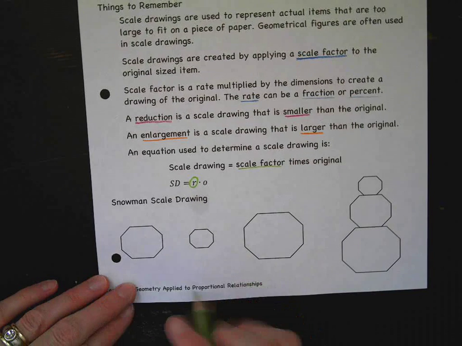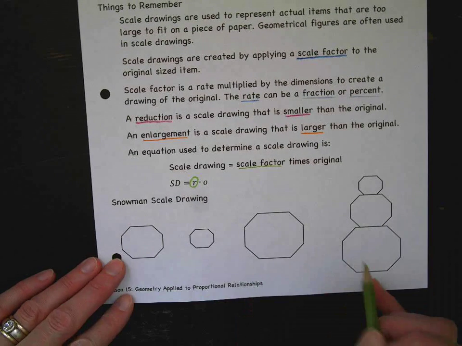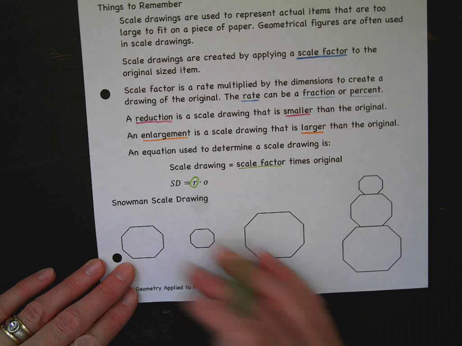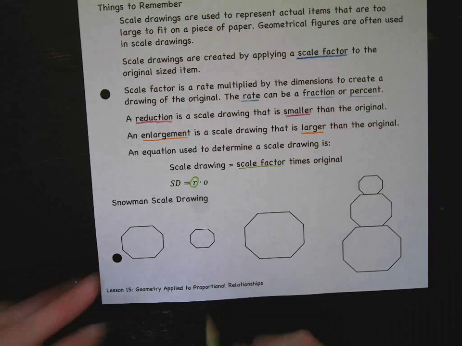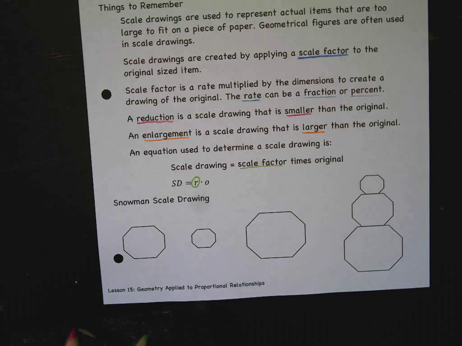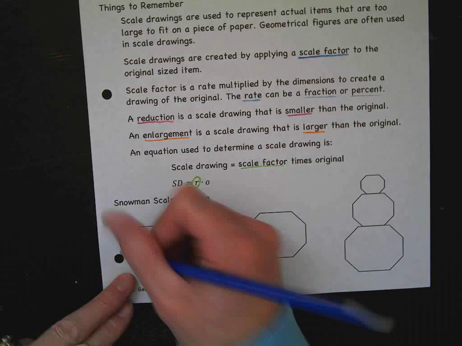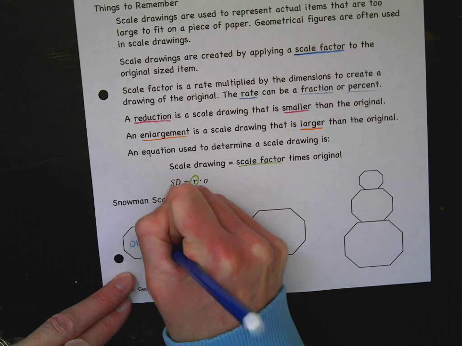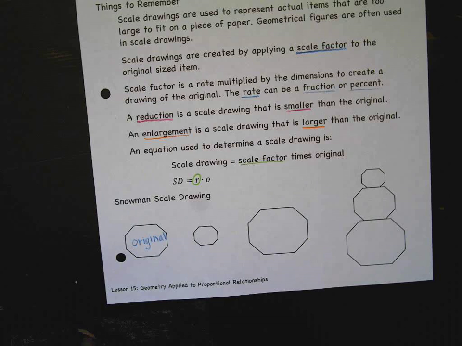So one way that we can think about this is by looking at this snowman scale drawing right here. So let's say we have 3 different circles or 3 different piles of snow. And if I tell you right here that this is the original, okay, so this circle or this pile of snow is the original, then what would this pile of snow right here be?